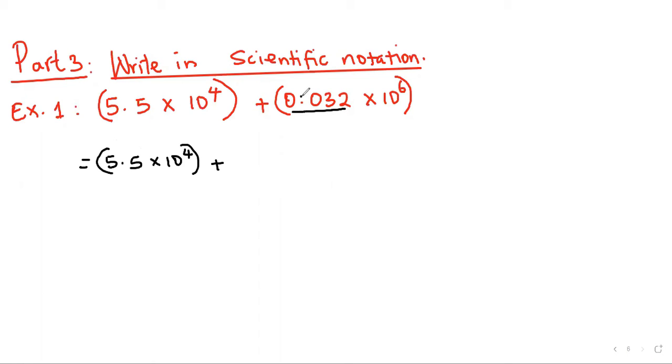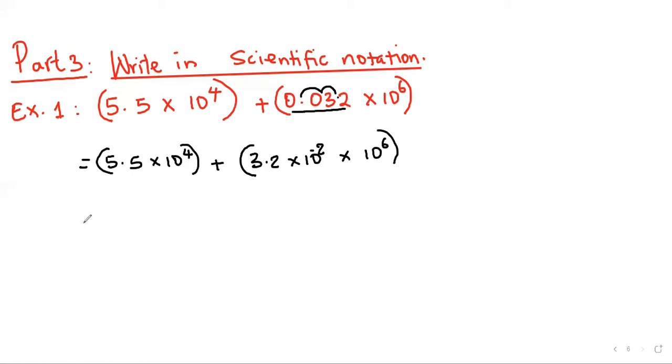So we will move this point 1 to 2 steps. So we have it at 3.2 times 10 to the power of 2. Negative or positive? Remember, we are moving from left to right. So this means that this will be a negative. Times 10 to the power of 6.